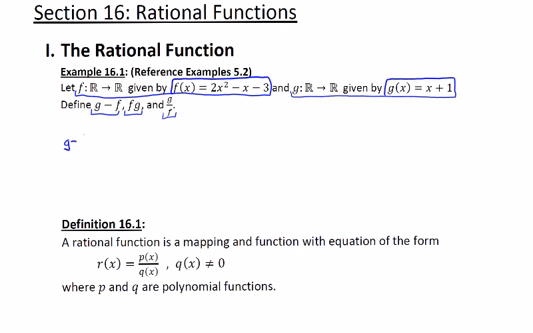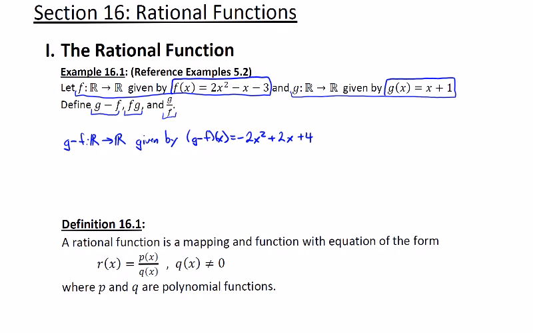The definition for g minus f will be that the domain is all real numbers, which will map to other real numbers, given by g minus f of x is equal to negative 2x squared plus 2x plus 4. So we're just subtracting the two equations for f and g.